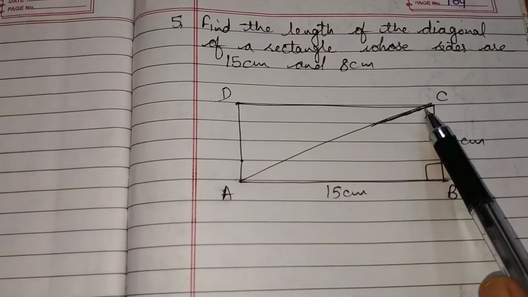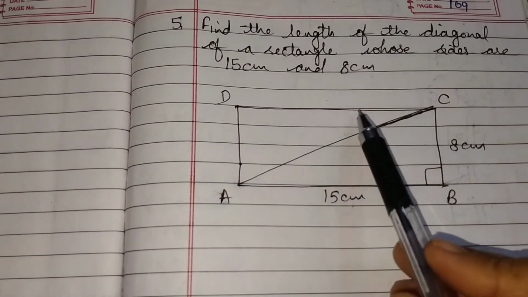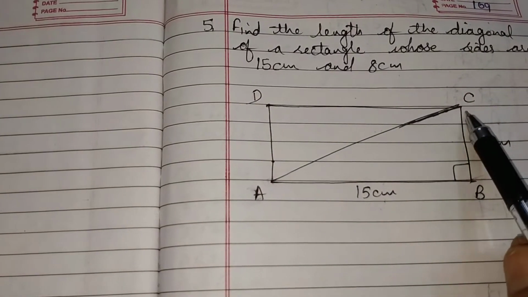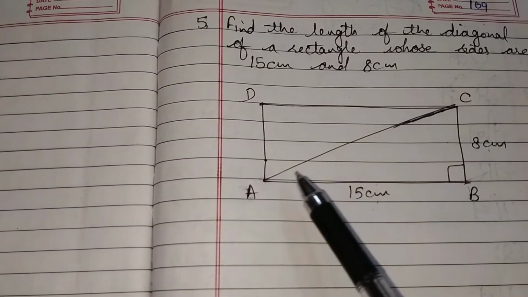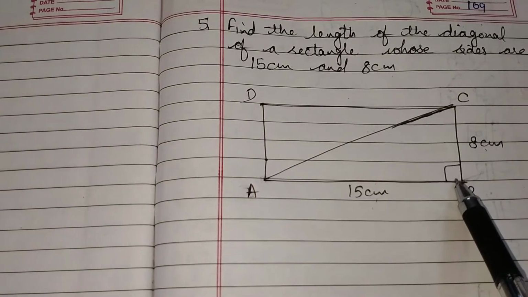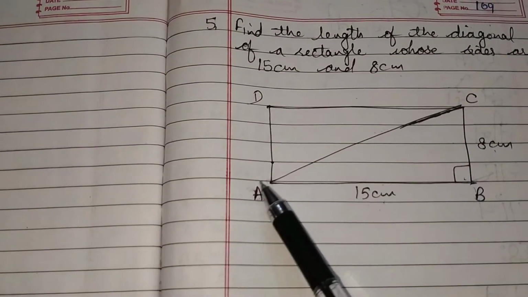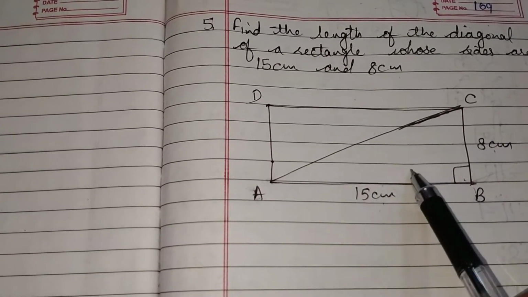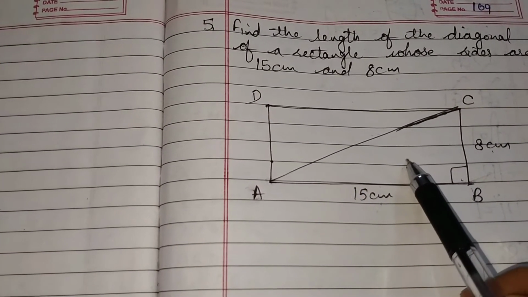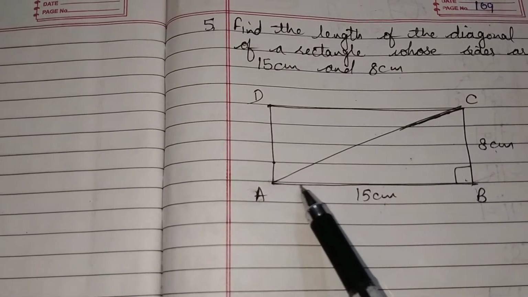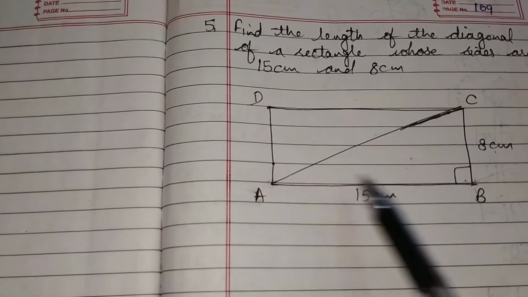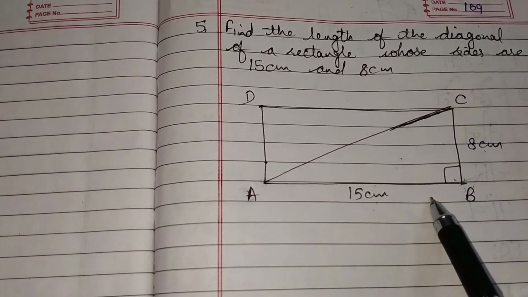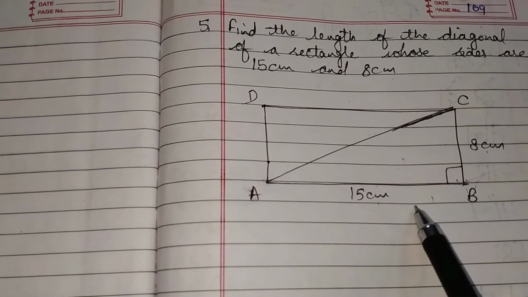In a rectangle every angle is 90 degrees, so when we draw the diagonal, we get right angle triangle ABC. We can find the length of the diagonal by using the Pythagoras theorem. In this way you can do this question.